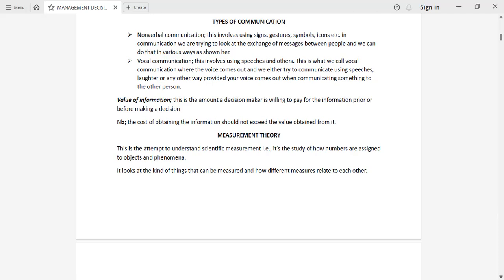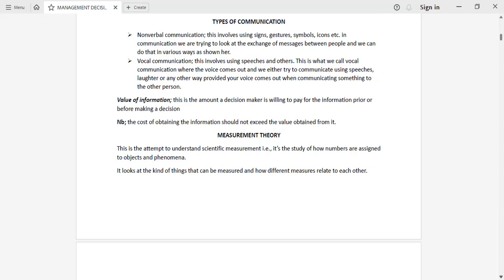So we are saying that in measurement theory, we try to relate different measurements. For example, we can say one kilogram equals 1,000 grams, or 1 ton is equal to 1,000 kilograms.